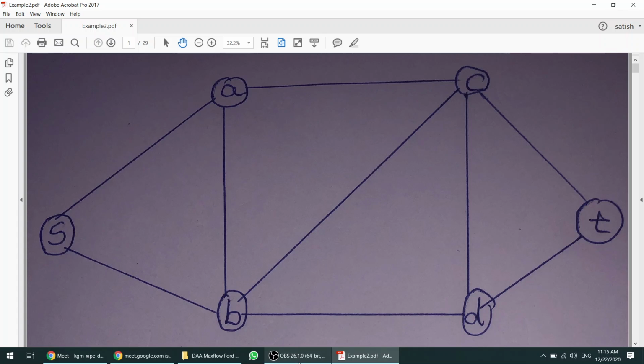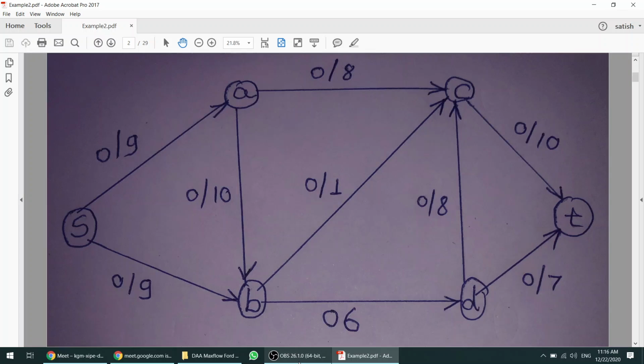Look at here, there are 6 nodes. S is the source, T is the destination, and between these two nodes there are 4 different nodes A, B, C, D. Right now I don't have any values as well as directions. So now this is the arrow along with the capacity of that edge.